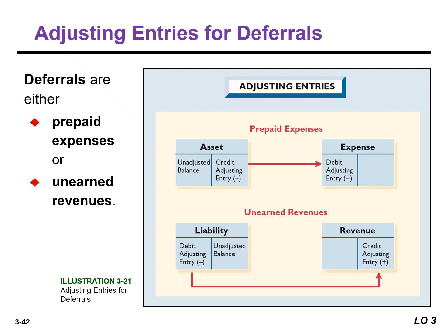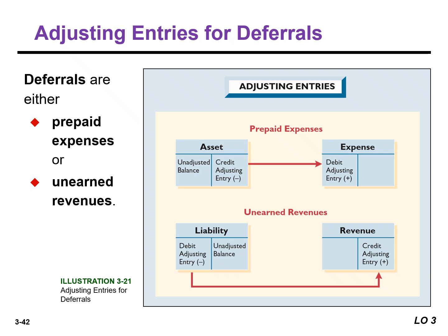So deferrals are either prepaid expenses or unearned revenues. With prepaid expenses, we have to see how much of the expense we've used and how much is left to be used. It's the same with unearned revenue. How much did we earn and how much is left to be earned? Once we figure out that amount, we move the amounts, normally out when we talk about deferrals. We move it out into an actual account.